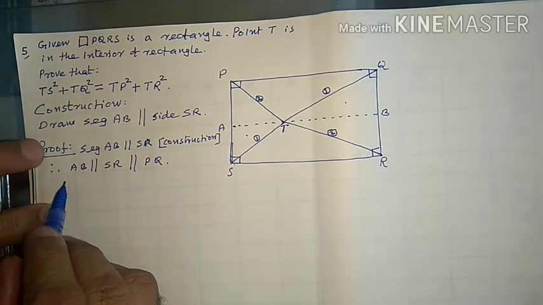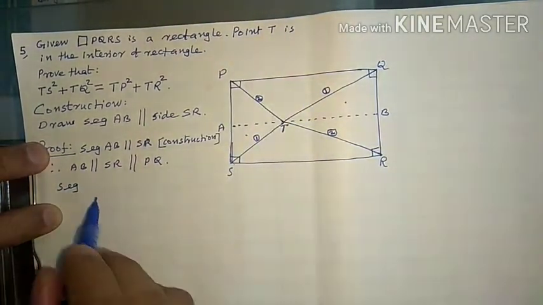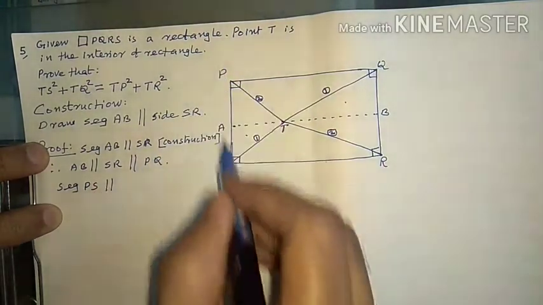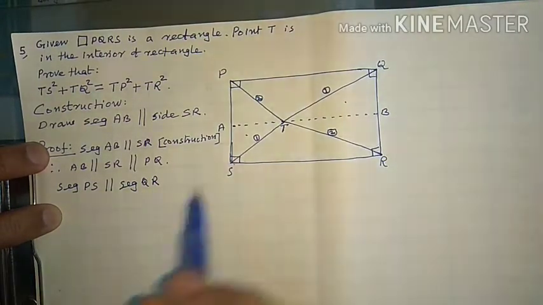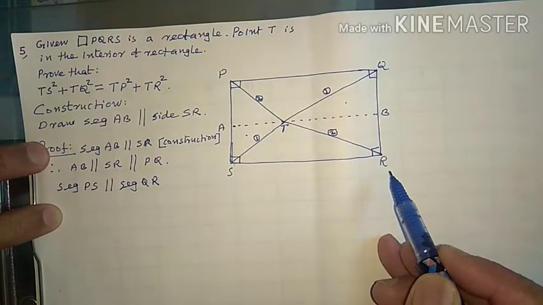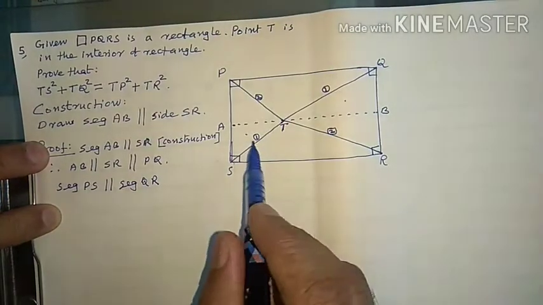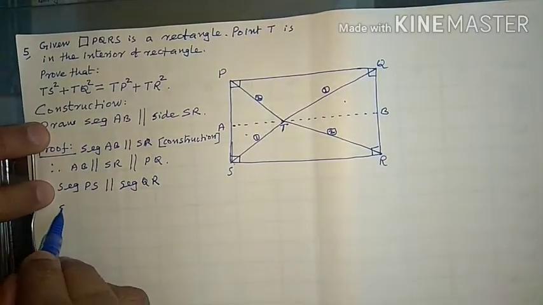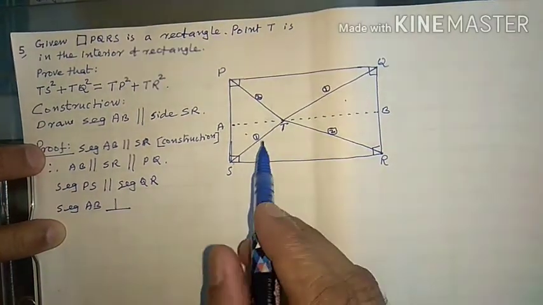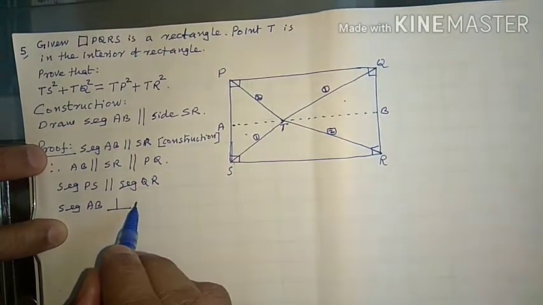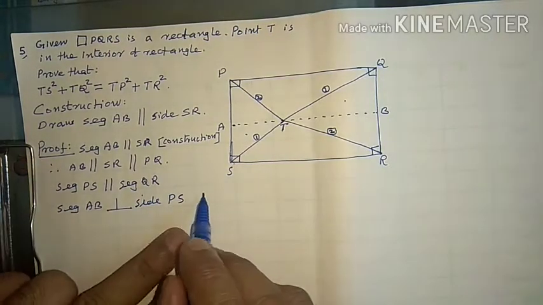Now here, we consider these perpendiculars. Segment PS is parallel to QR, opposite sides, and these lines are perpendicular. Therefore, segment AB is perpendicular to PS. Why is it so?